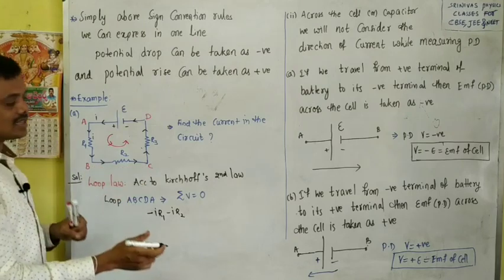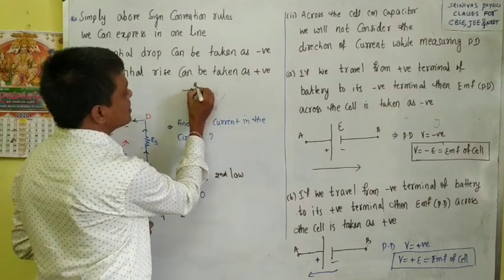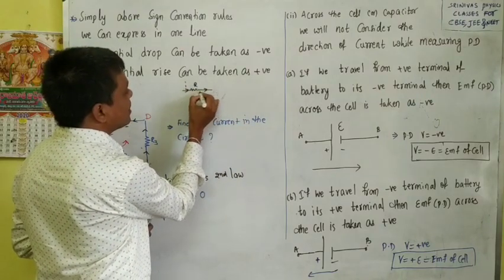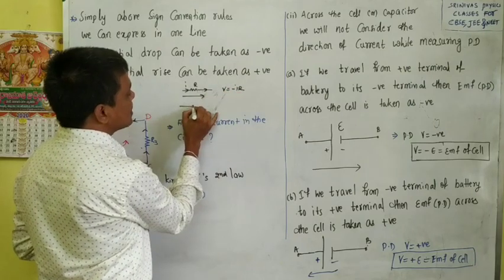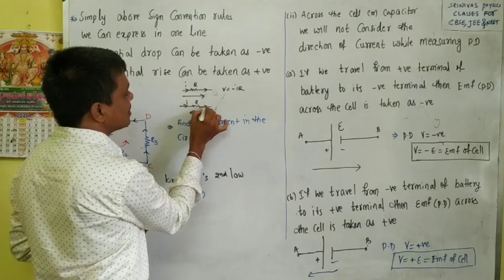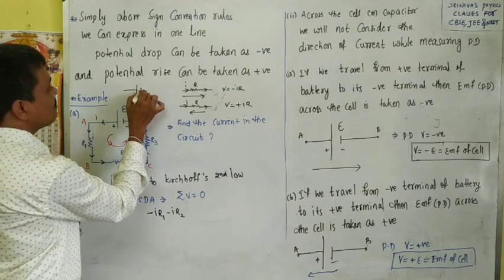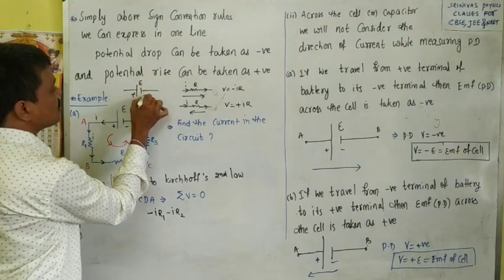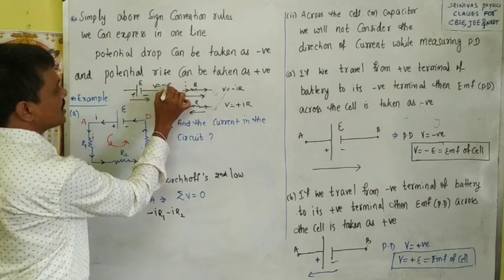I will revise the sign convention rules once. This is the resistance. If you travel in the direction of the current, you take the potential difference as negative. If you travel in the opposite direction of the current, then you take it as positive. Now this is the cell. When you go from the positive terminal to the negative terminal, the potential difference is negative, minus EMF.